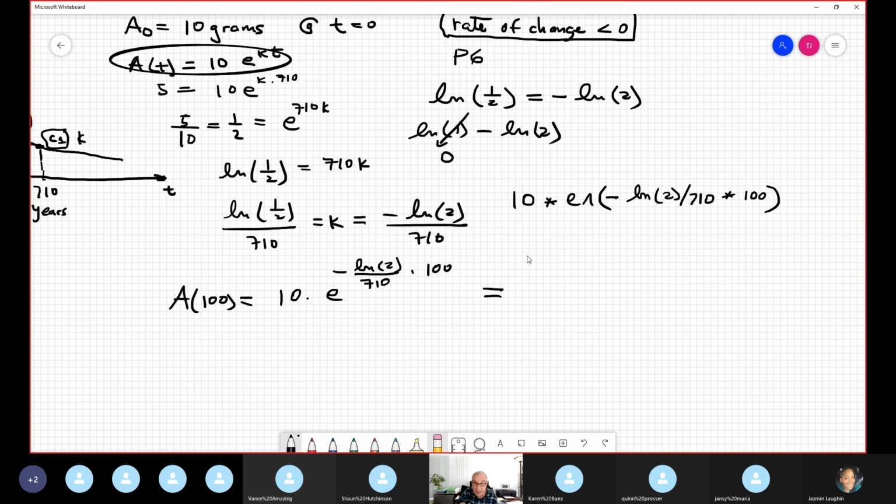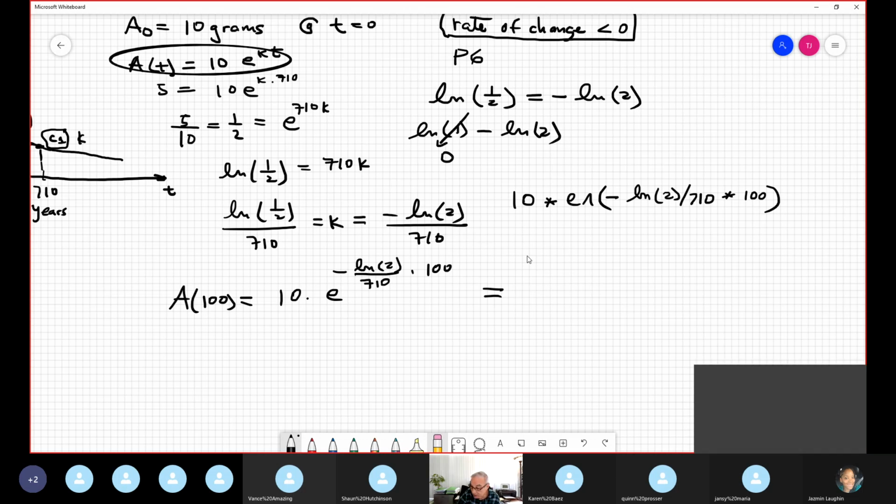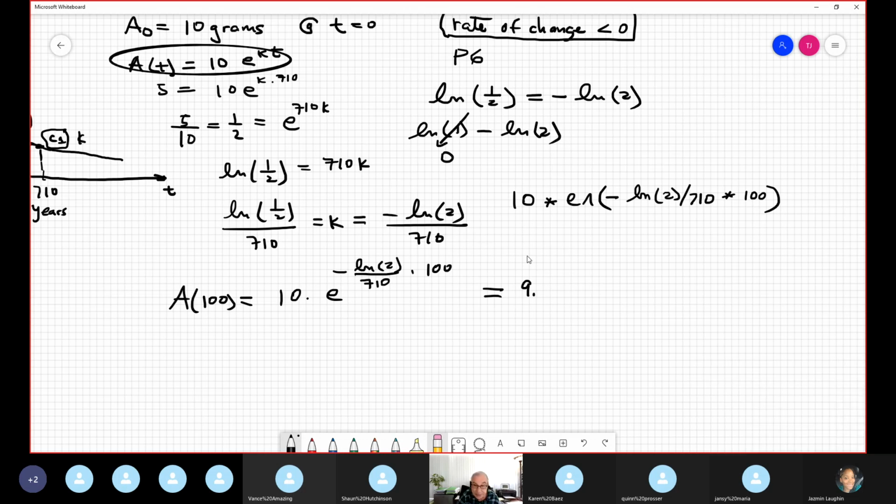Press enter. I got the answer. Did somebody get the answer? Exactly. Very well. The answer is 9 point something, 9.0698 and so on. I copy exactly the same I have in my display.